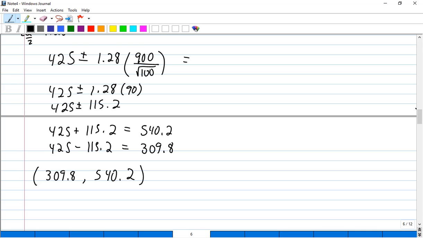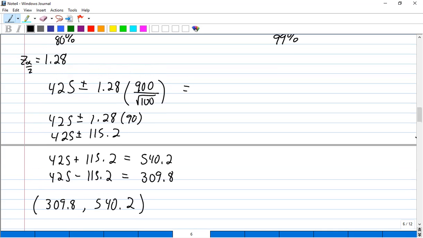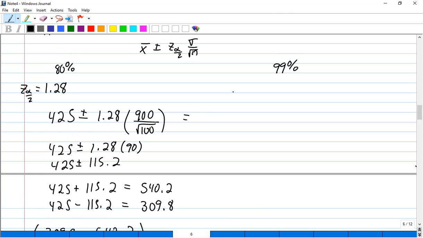All right. Now let's do the same thing, but let's do that at the 99% confidence level. Okay, so we have all the same variables except our critical z-value. And from our table, we know that our critical z-value is what? 2.575.